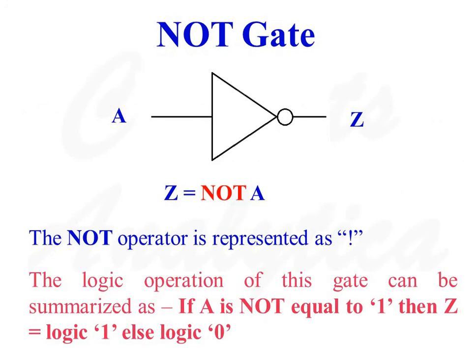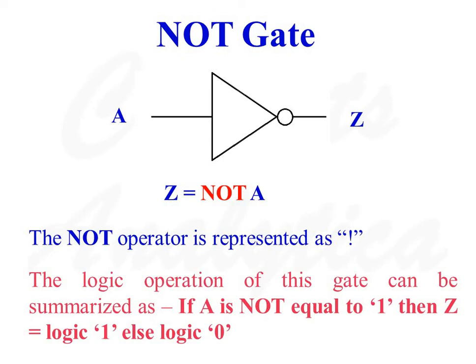Now we will consider a NOT gate. So for the NOT gate, there is only one input and one output. A is the input and Z is the output.